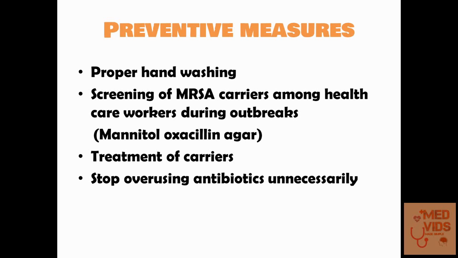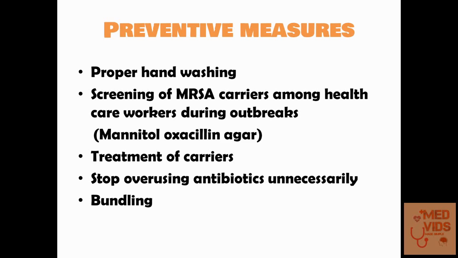For example, if a patient comes with an upper respiratory tract infection, which is most commonly caused by viruses, unnecessary prescription of antibiotics leads to development of resistance to these antibiotics. That's why all the doctors should start using antibiotics more judiciously.